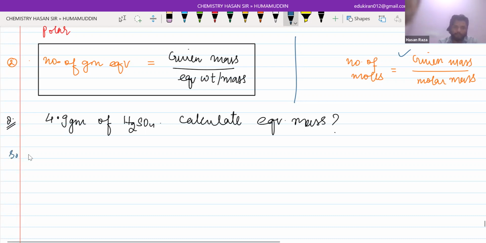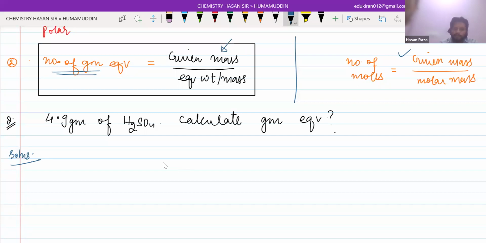I'm going to show you. As you can see, calculate gram equivalent. You need to calculate gram equivalent. Number of gram equivalent has a formula: given mass, that is given. I'm going to directly apply the formula. Number of gram equivalent is equal to given mass, that is 4.9, upon equivalent mass.